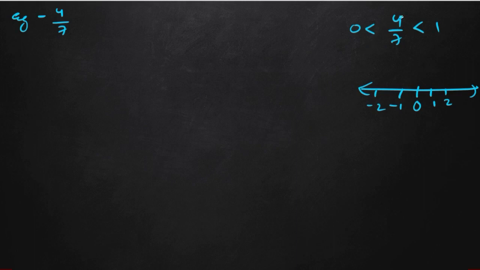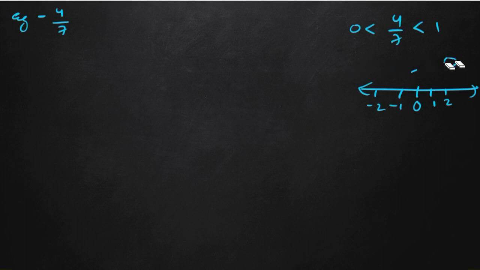So we need to find minus 4 by 7. So if we put minus 4 by 7, it will be greater than minus 1 but less than 0, or we can say it will lie between minus 1 and 0.